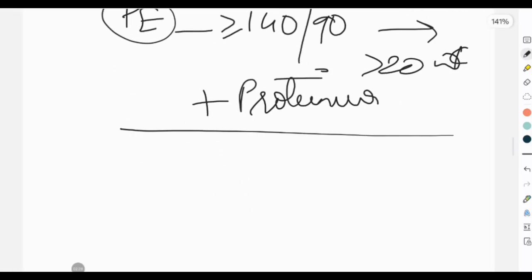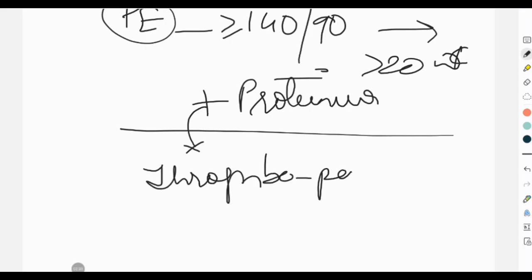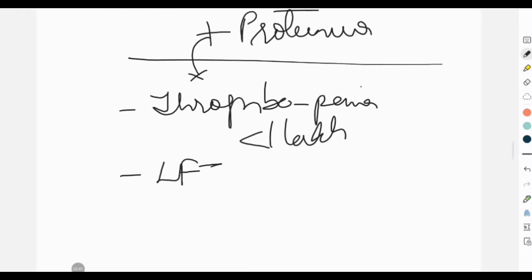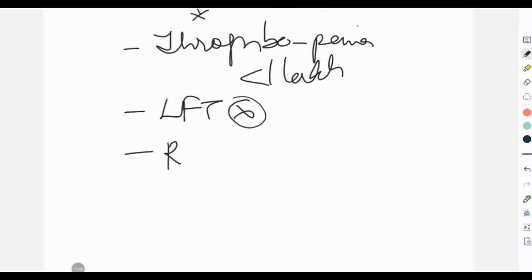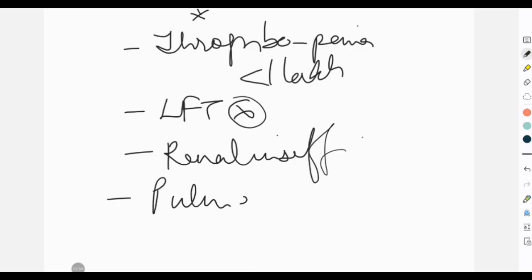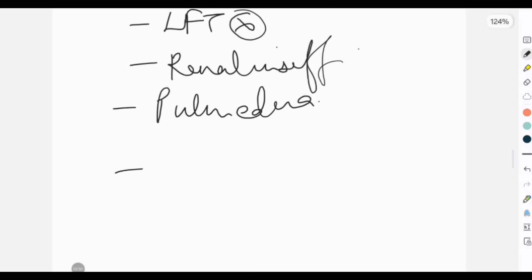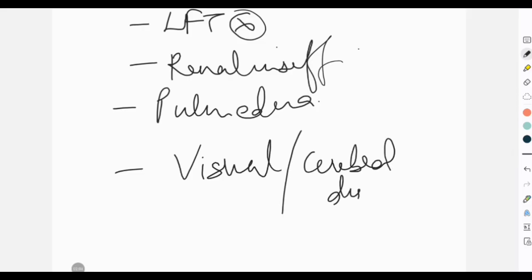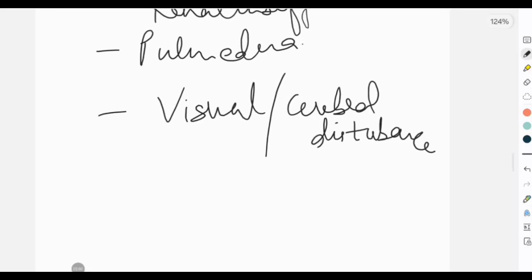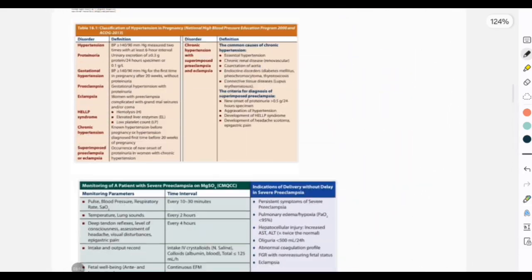In the absence of proteinuria, okay, if there is no proteinuria, there can be thrombocytopenia, less than 1 lakh platelet, deranged LFTs, new development of renal insufficiency, pulmonary edema, and visual or cerebral disturbance. Okay, so these are all the definitions.